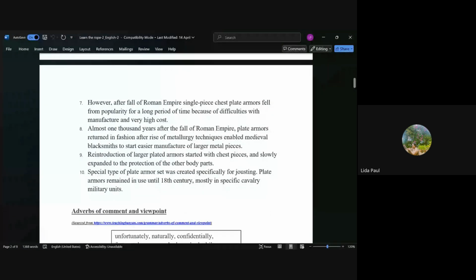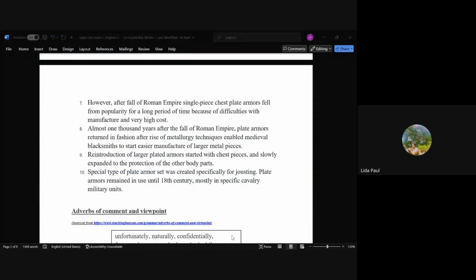Seventh one. However, after fall of Roman Empire, single-piece chest plate armors fell from popularity for a long period of time because of difficulties with manufacture and very high cost.